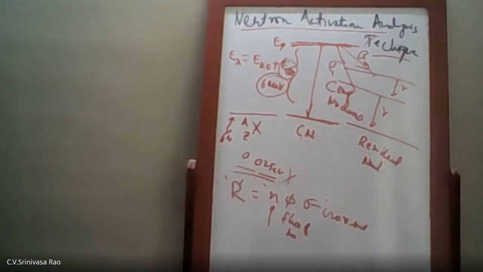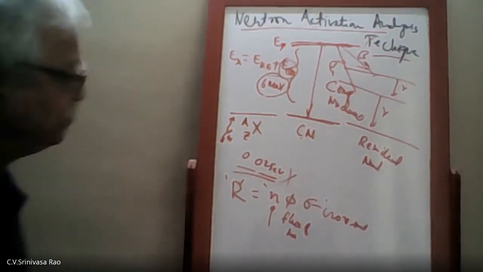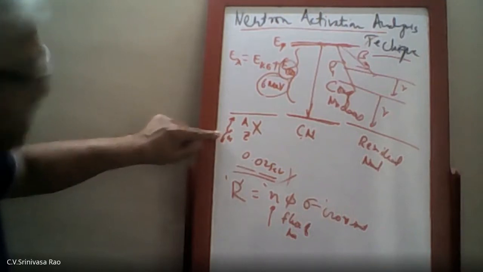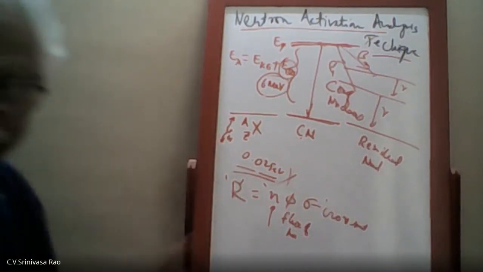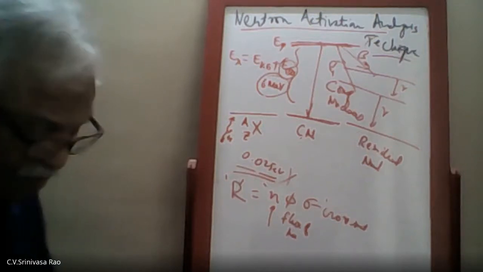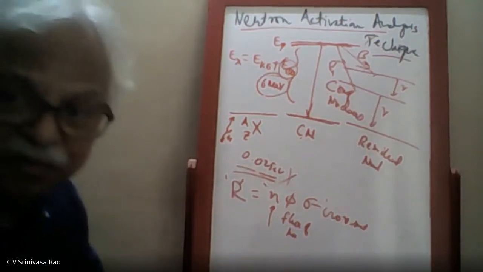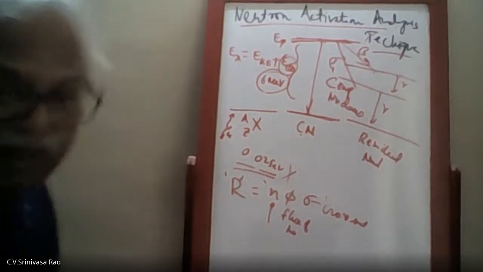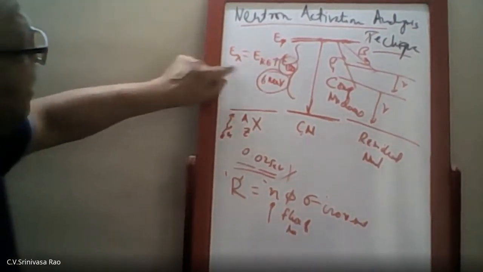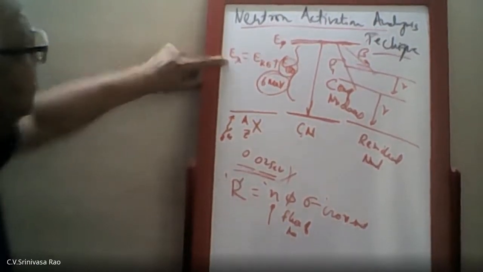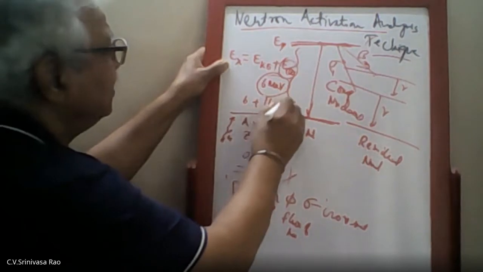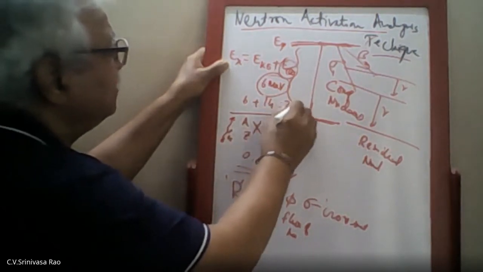Now you can imagine, instead of a thermal neutron, if I take high energy neutrons like 14 MeV neutrons, which are the ones coming out from the fusion reaction, then the excitation energy I can produce is 6 plus 14, typically 20 MeV.